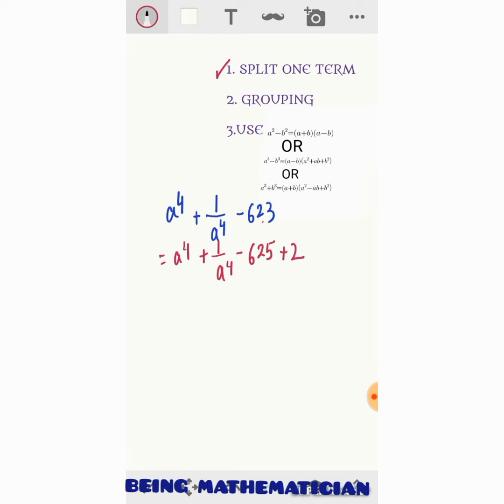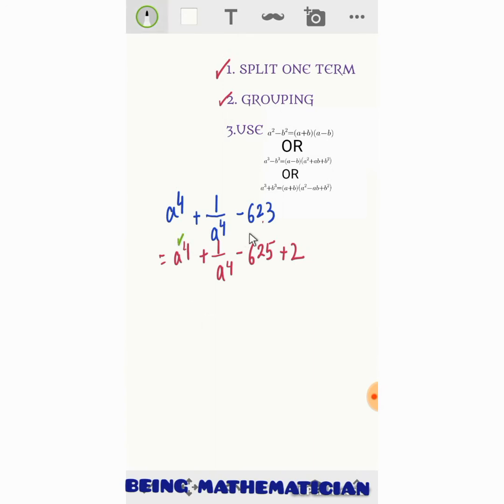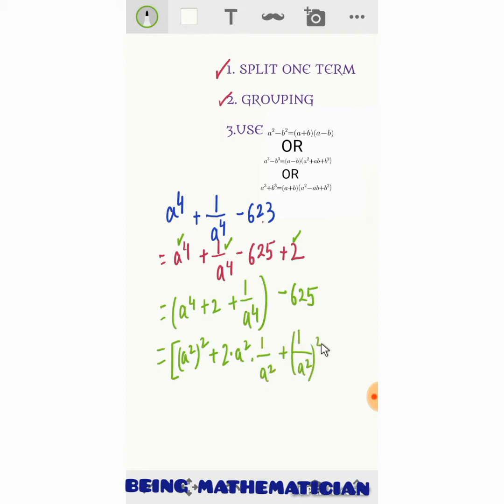Now step number 2, that is grouping. We can group three terms, that is a to the power 4, 1 by a to the power 4 and 2. We group these terms, and minus 625. So here we observe this is a perfect square: a square plus 1 by a square whole square minus 625.